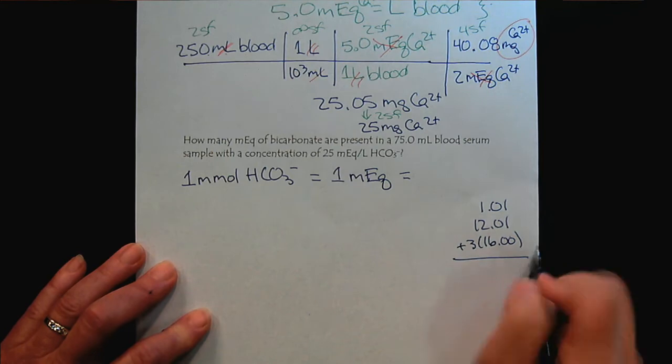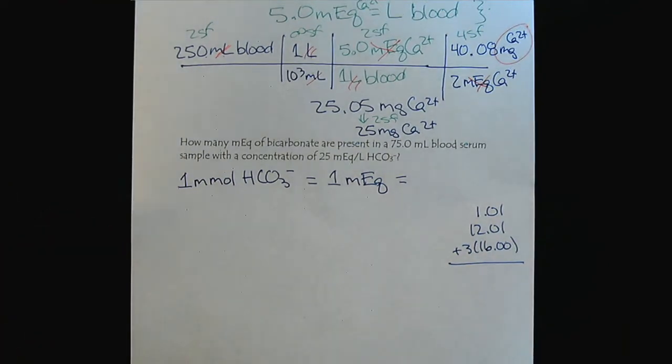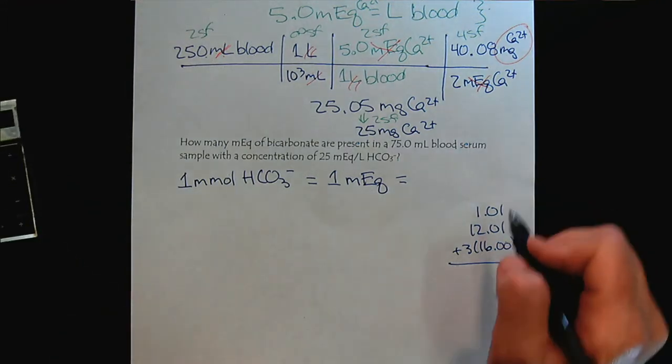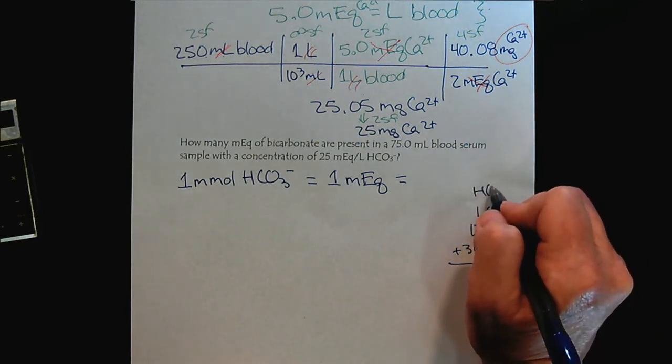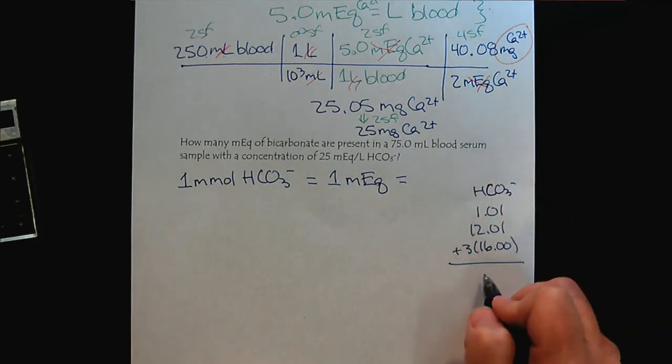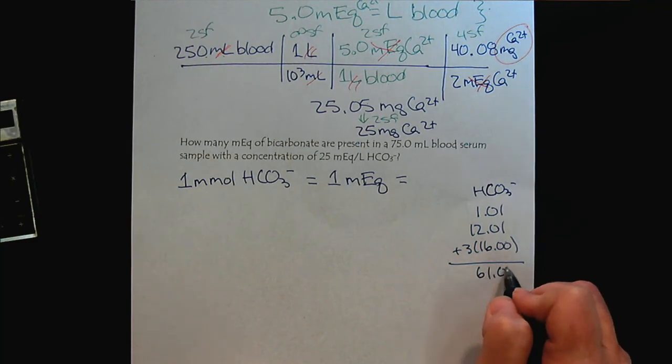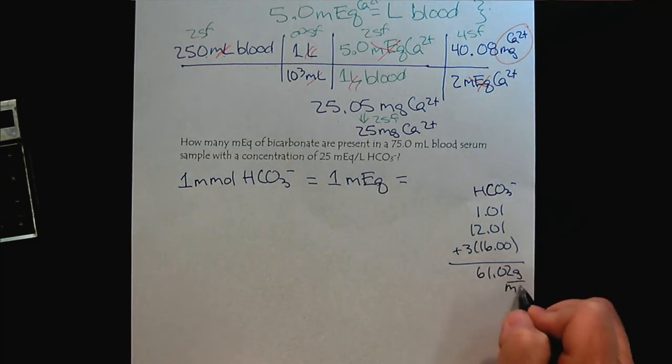So we add up all of the molar masses using the ratios from the formula subscripts. And we see that for bicarbonate, the mass is 61.02 grams per mole.